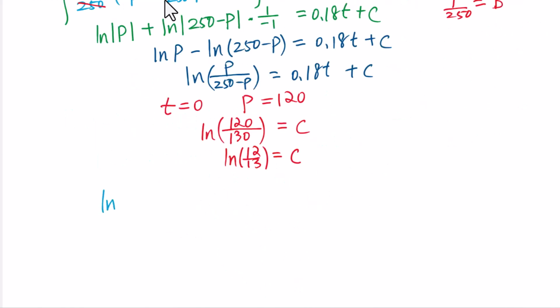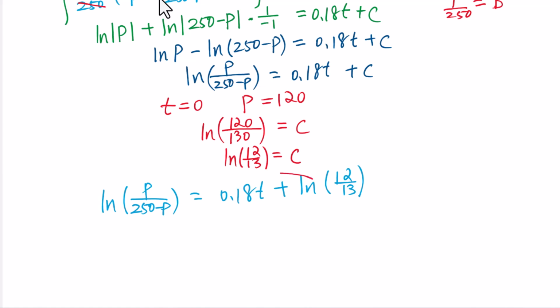Therefore, natural log of P over (250 minus P) equals 0.18t plus natural log of 12 over 13. We will put all natural logs together so that we can condense the log: natural log of P over (250 minus P) minus natural log of 12 over 13 equals 0.18t.